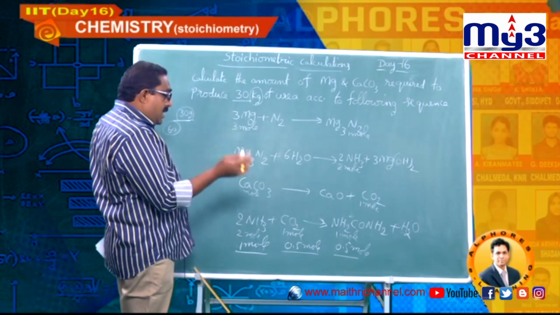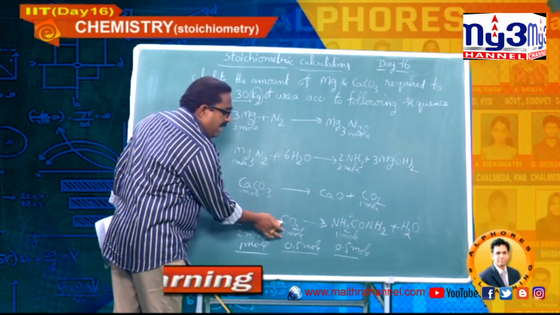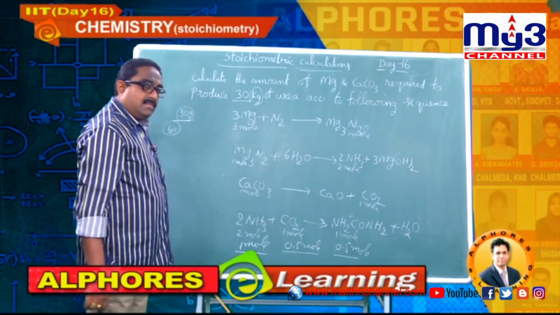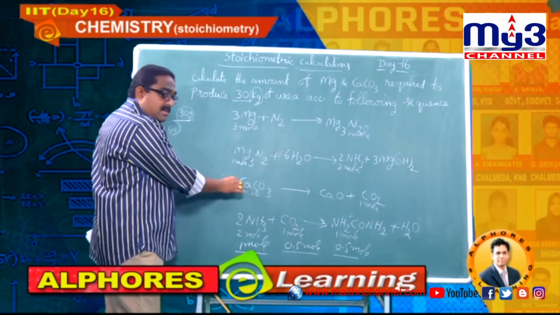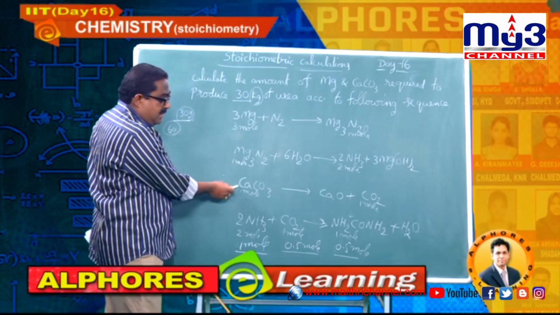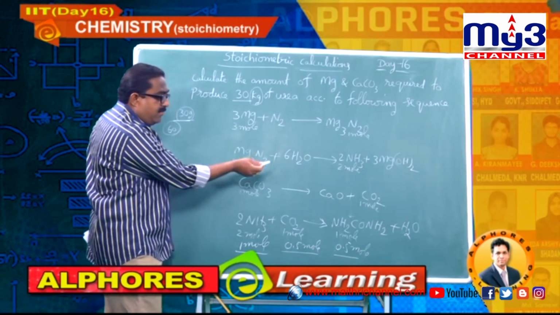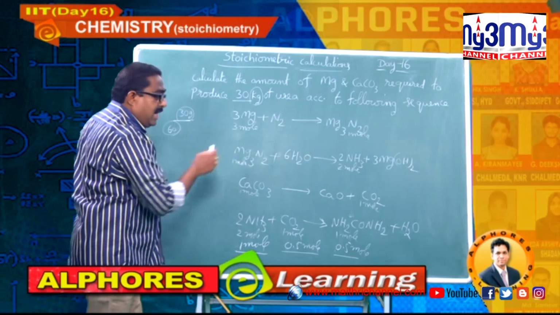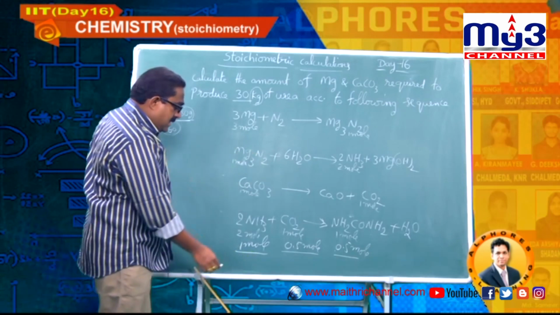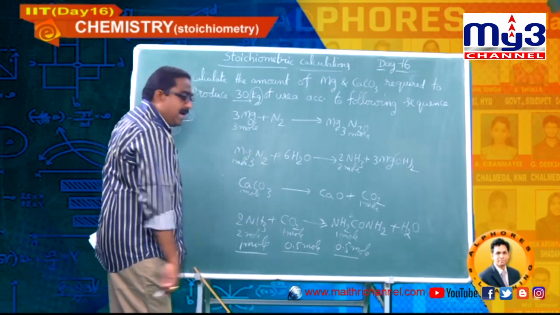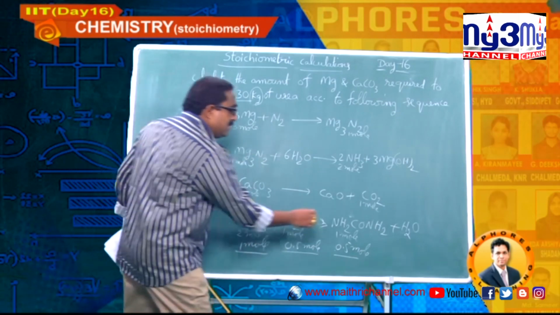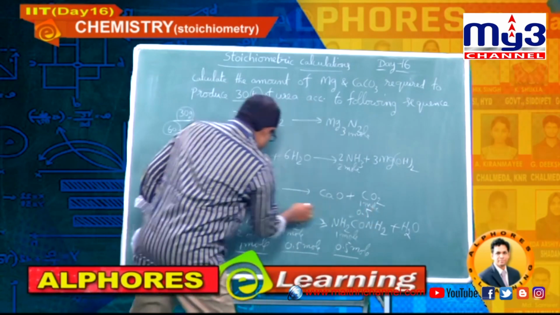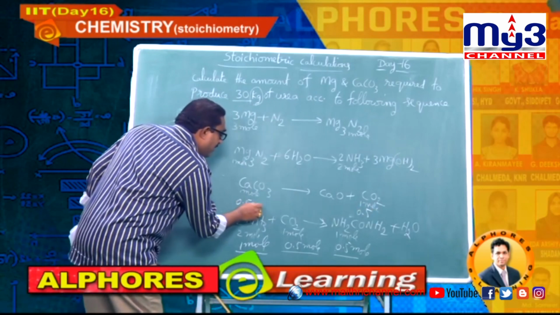Now, from where am I getting this carbon dioxide? From here, by decomposition of 1 mole of limestone, always we will get 1 mole of carbon dioxide. Here my requirement of carbon dioxide is 0.5. So 0.5 comes from only 0.5 mole.